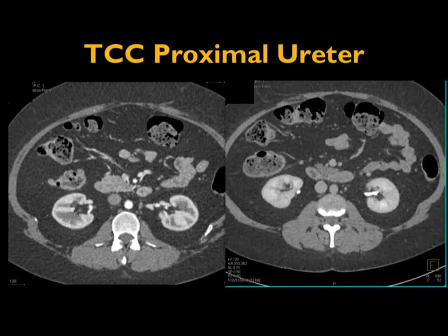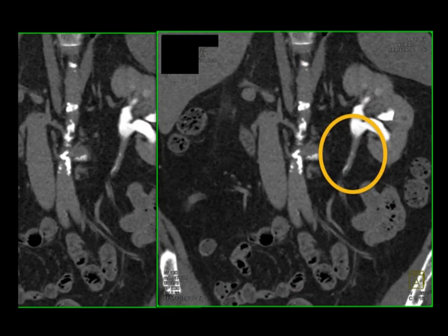But again, you don't see the ureter opacified on the right, but the right doesn't have any dilatation. But when you look more carefully, look at the patient's ureter. Look how nicely you can see the thickening over the proximal ureter. Just a beautiful example of a transitional cell carcinoma. It was indeed subtle.